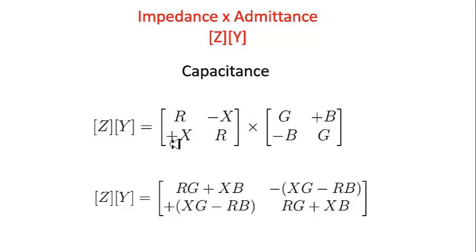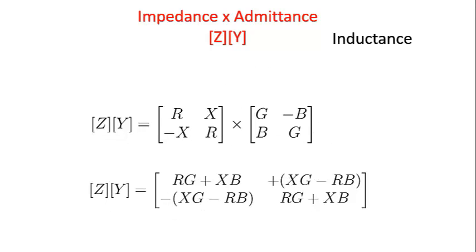And you can see that the capacitive reactance is the complex conjugate of the inductive reactance, and the capacitive susceptance is also the complex conjugate of the inductive susceptance.